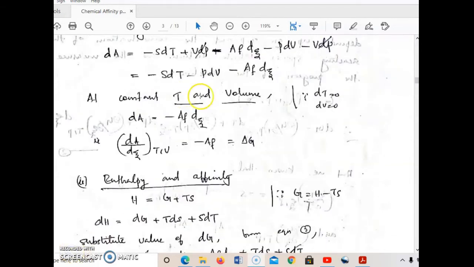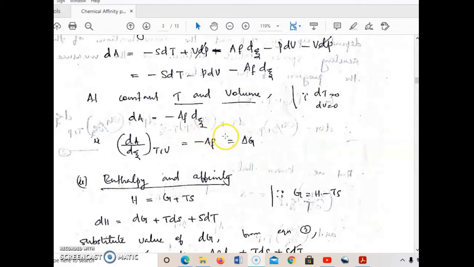Now assume temperature and volume are constant. So this equation is modified: the dT term becomes 0 and the dV term becomes 0. So what remains here? Only minus AF dθ. So we have dA is equal to minus AF dθ. Let us take this dθ onto the left side. So we get dA/dθ at constant temperature and volume is equal to minus AF.